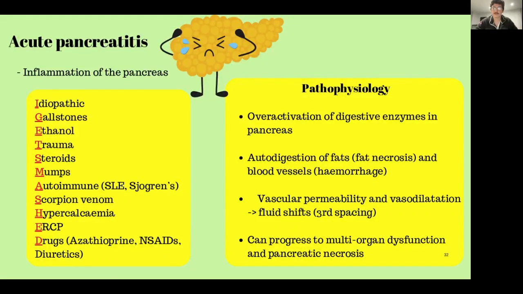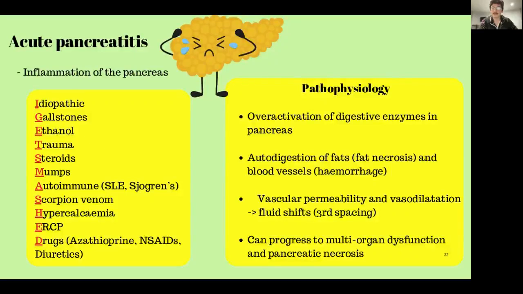One of the key things about the fat necrosis is that the fatty acids you get combine with the calcium in the blood, or that leaks from the blood, to form chalky deposits, and that can lead to low levels of calcium because they're all getting used up, combining with the fatty acids. So you can get hypocalcemia with pancreatitis.